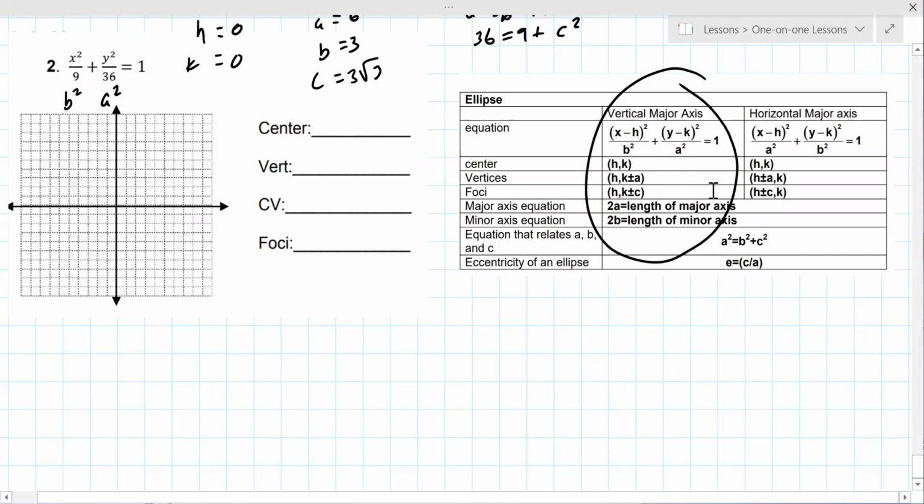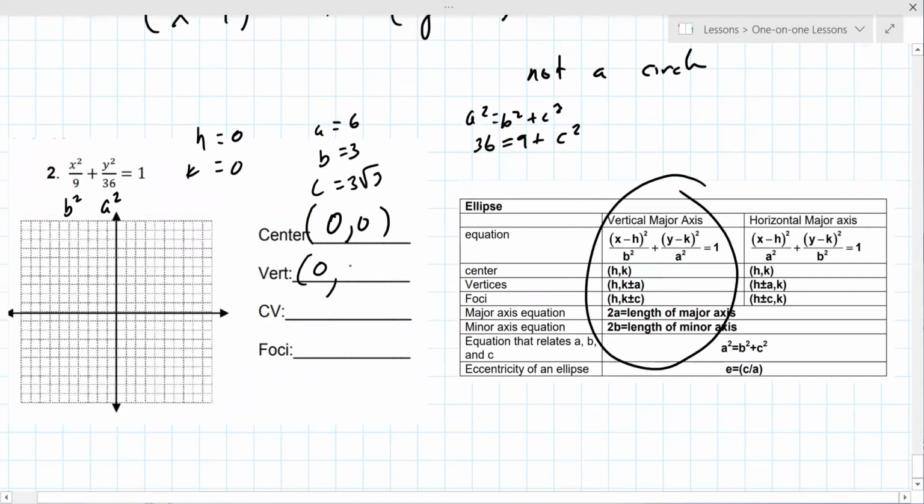So the center is H, K, which is 0, 0. The first vertex is 0, comma, K plus A, so 0 plus 6. The other one is 0 minus 6. Then the co-vertices, this one's really wonky.